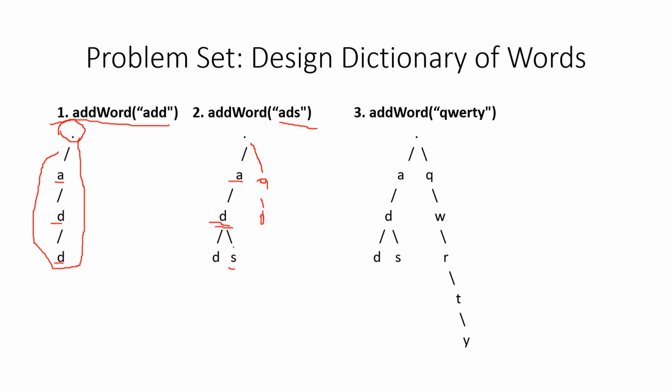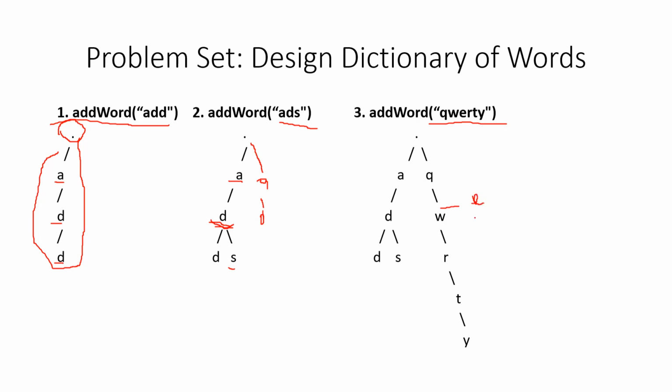That's why you add s as a child to the d. And next it's QWERTY. In QWERTY, because we don't have a word which starts with a q. By the way, here I missed e.